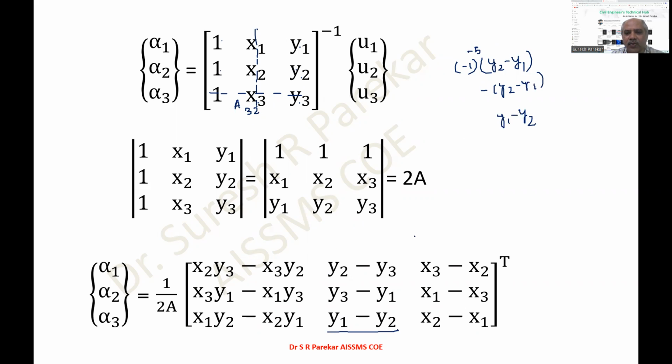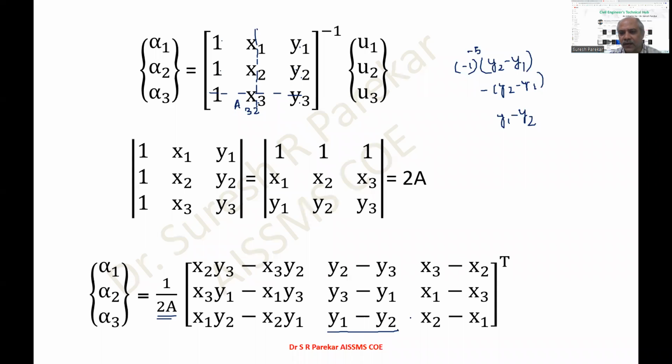Likewise, we have to find the rest, then transpose and divide by 2A. This will give me the inverse. So transpose upon 2A will be the inverse. Actually here we should have u1, u2 and u3.